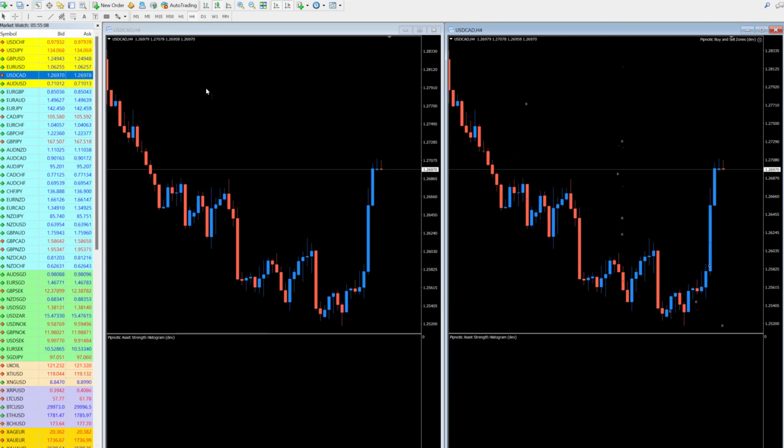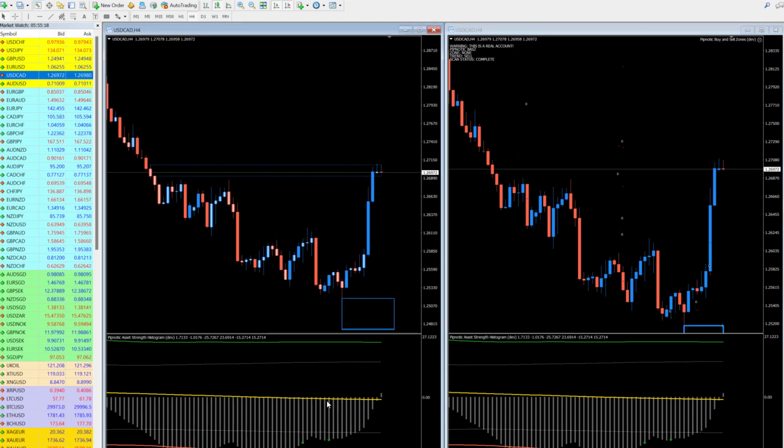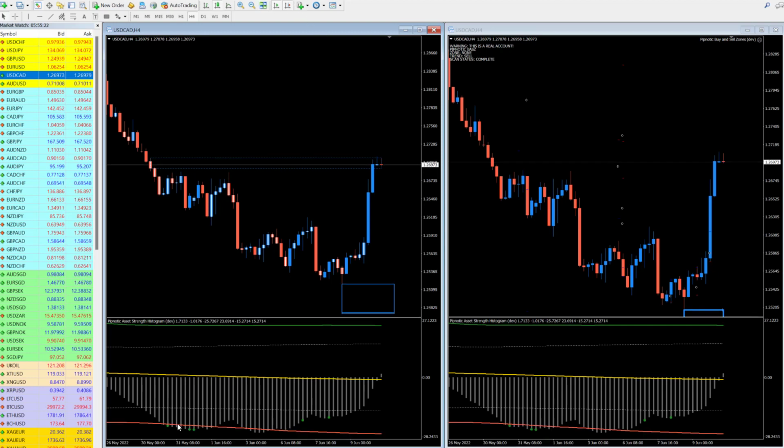So I drag it and move it over. And here we see something that has a little bit more clarity, where you can see that we are just turning positive. Here in the histogram, you can see that we are actually looking to begin to move north. We're starting to see pushes higher.